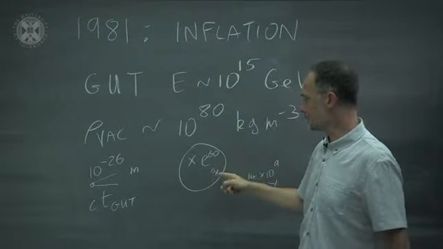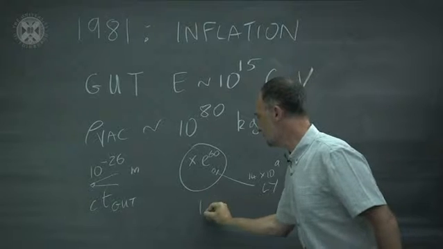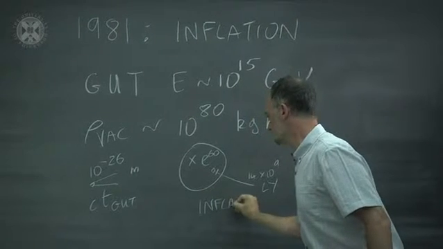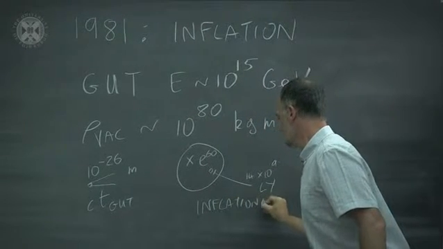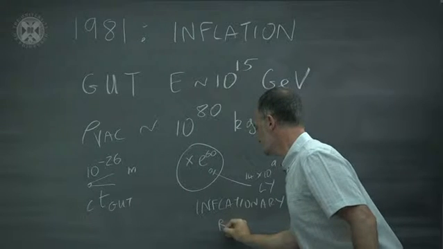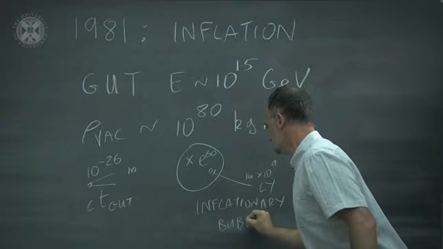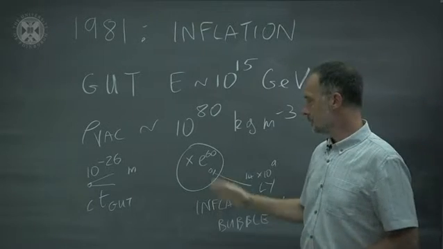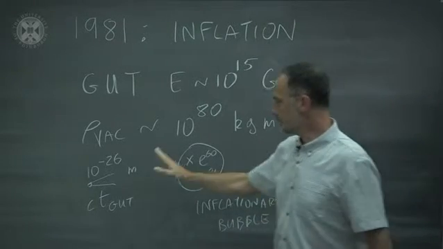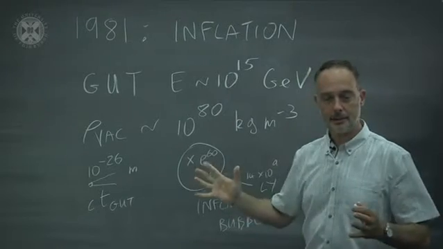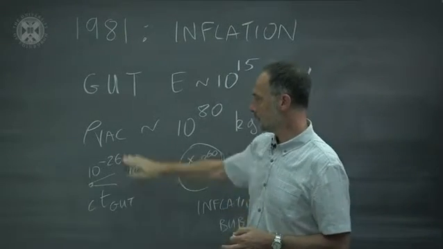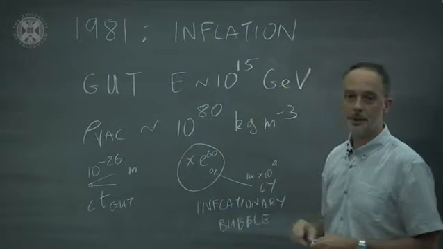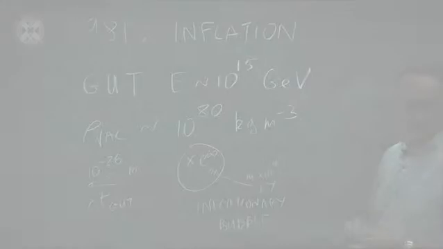So our entire visible universe could be within a much larger inflationary bubble, as it's called. And think what's happened. This whole bubble is expanding. That expansion has been driven by the fact that early on the vacuum density had this huge value.